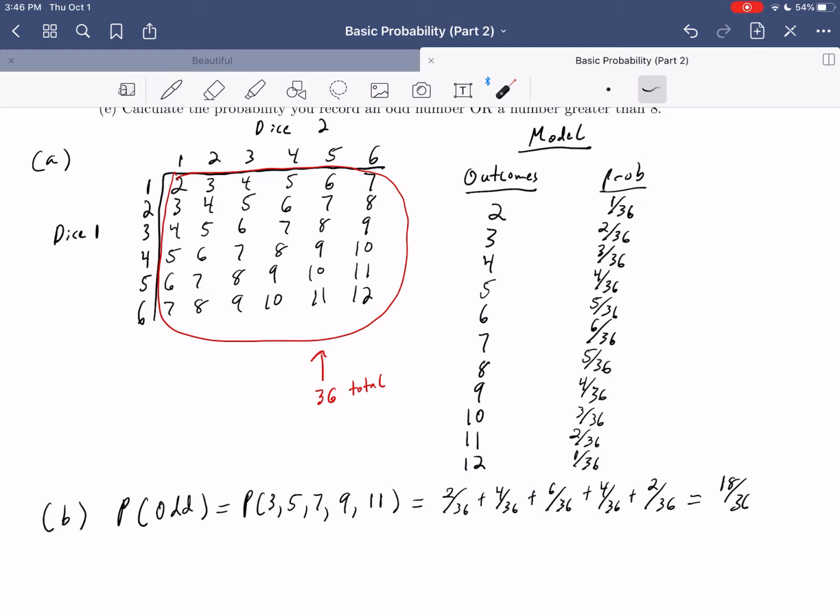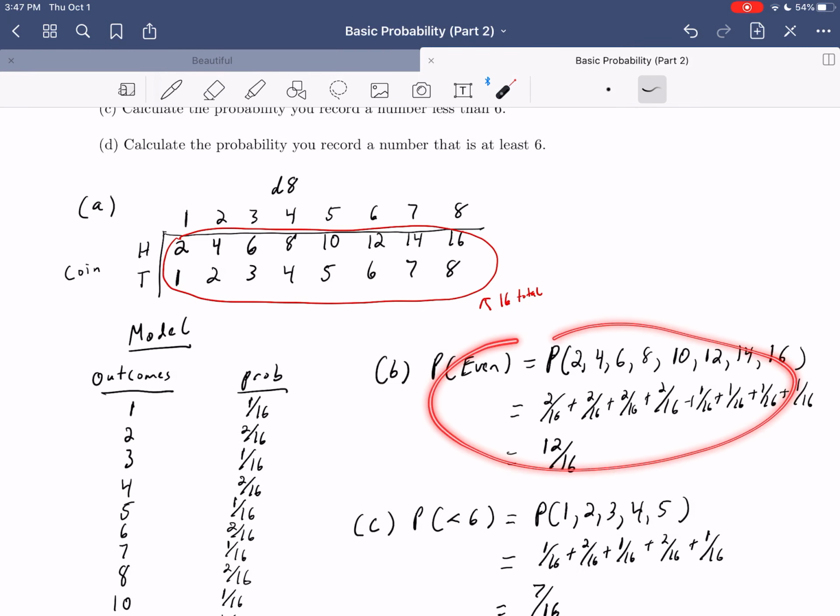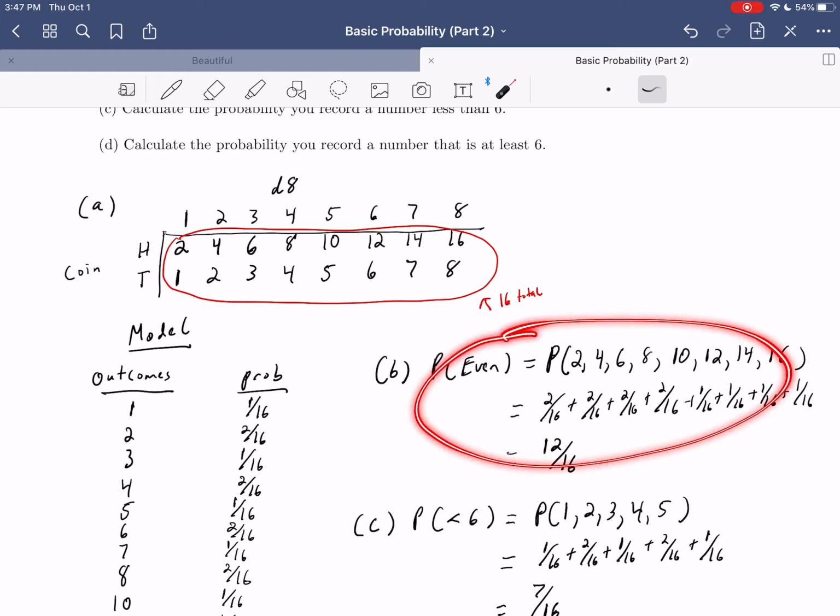Now that's sort of interesting because if you go back and look at this question, the chance that you got an even number in this game was not 50-50, right? We might sort of think, oh, half the numbers are even, half are odd, so maybe even and odd is always 50-50. But in this game, evens were much more common, 12 out of 16. Odds would only be 4 out of 16. Why were evens so much more common in this game?